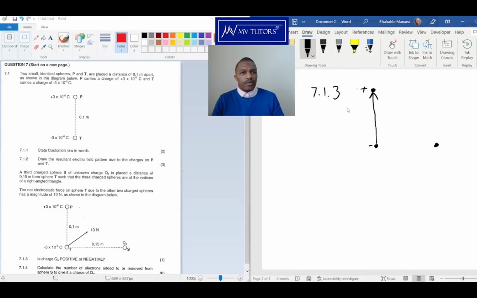And also what we know is that the resultant one is moving like that. It's shown there. Now we have to determine which direction this one is going to go. We're going to use the head to tail method, so we move from the head and we go to the tail.